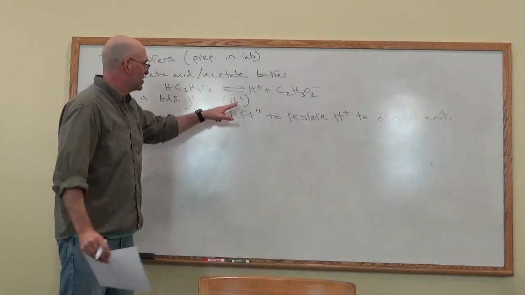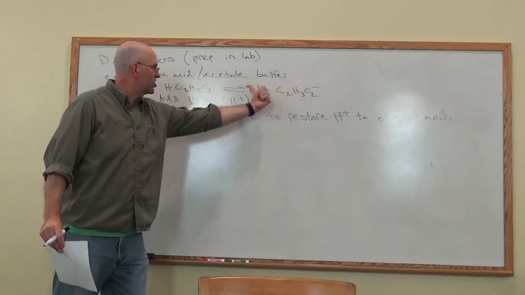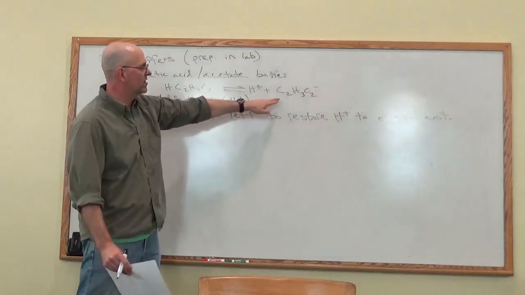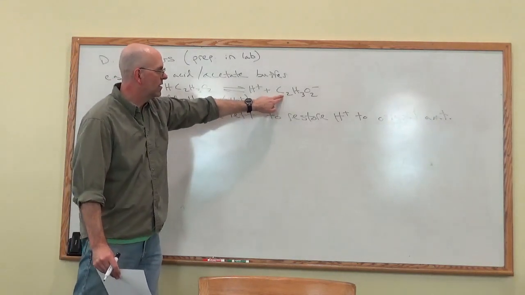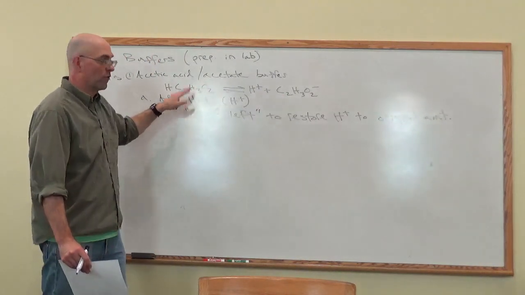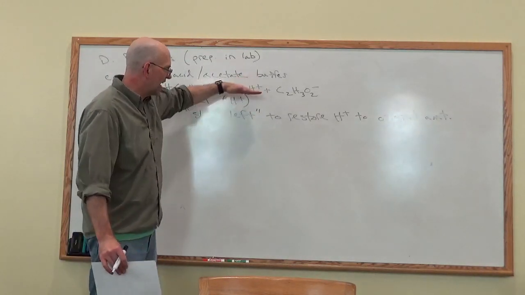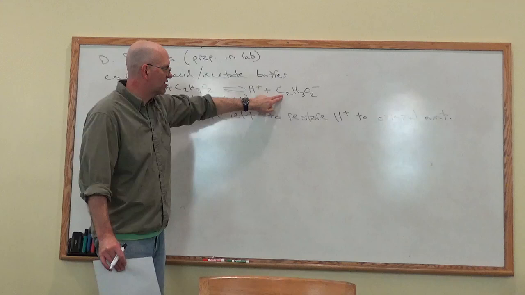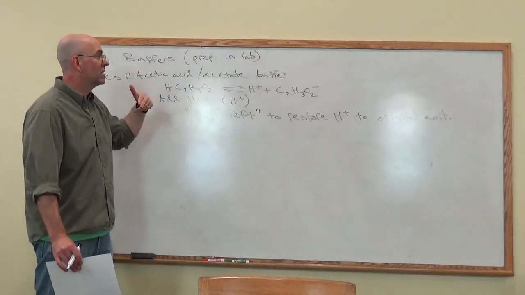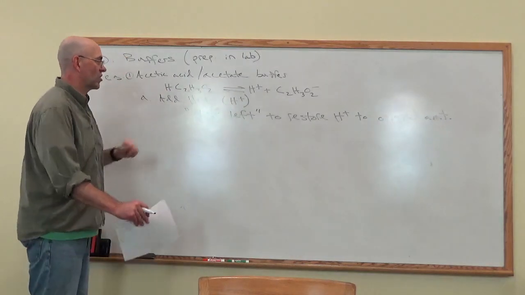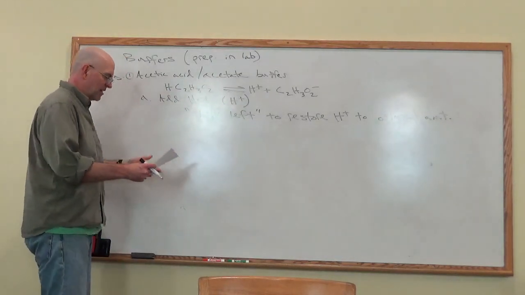We just dump a bunch in there, and the reaction is going to shift this way to reduce it back down to where it started. Sure, it's going to reduce this along the way, and it's going to increase this along the way. That's the whole point. It brings the H plus down, but it has to bring this one down or this one up simultaneously. The point is to bring the H plus back to where it started. That is simple Le Chatelier's principle.